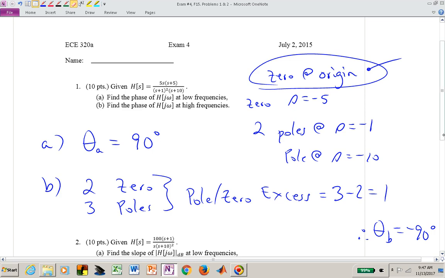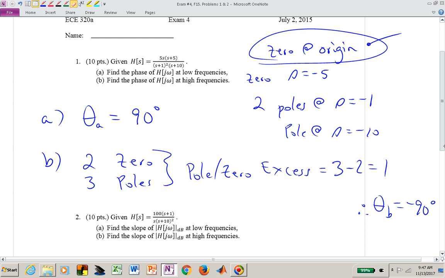That's how you could determine it. Just look at the pole zero excess. If you had a pole zero excess of 2, then your phase at high frequency would be 2 times minus 90, or minus 180 degrees. If you had a pole at the origin instead of a 0 at the origin, then we would have an angle of minus 90 degrees at low frequencies.